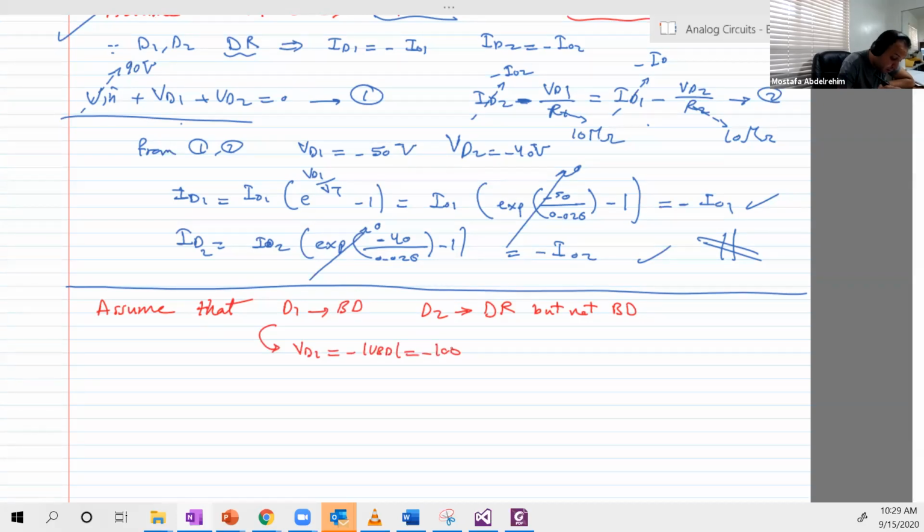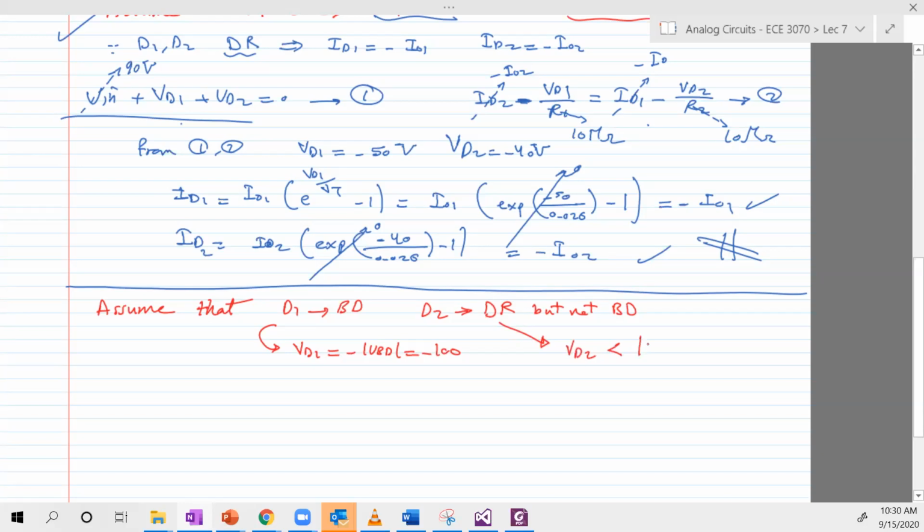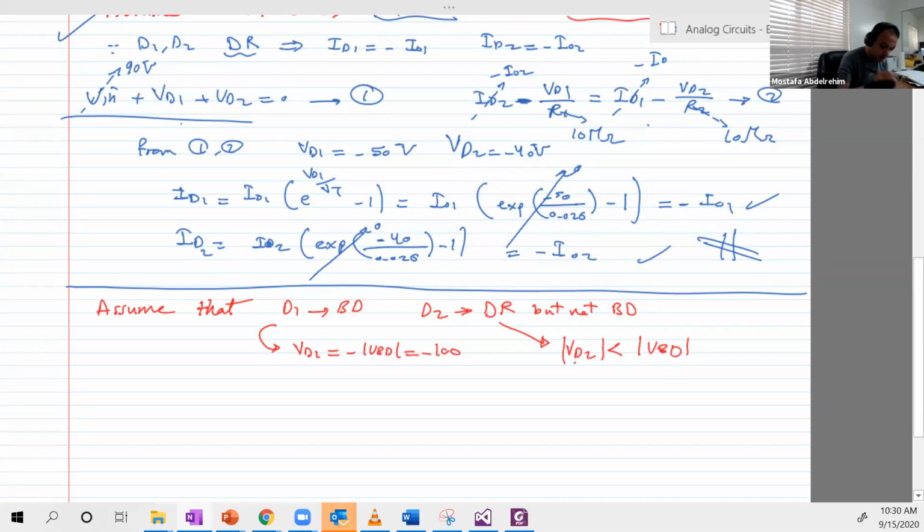If VD2 is deep reverse but not breakdown, that means VD2 is less than V breakdown as a magnitude, less than 100.